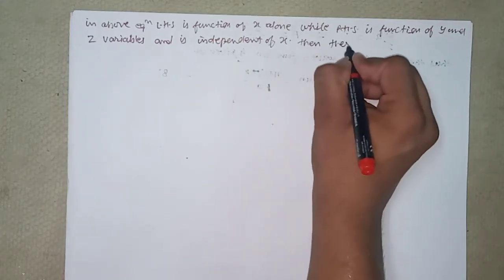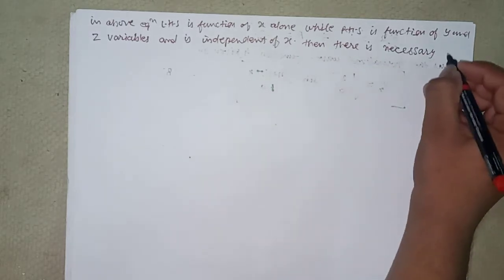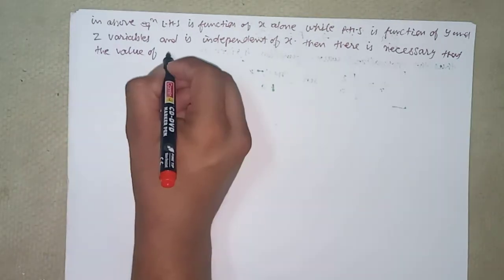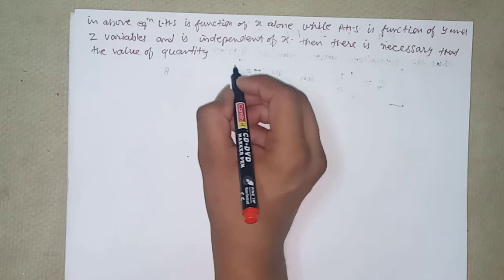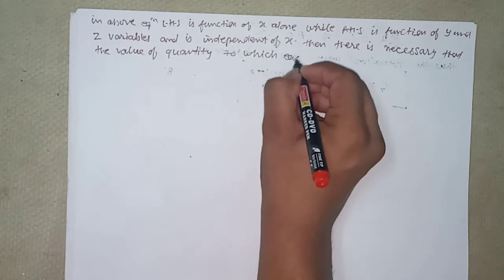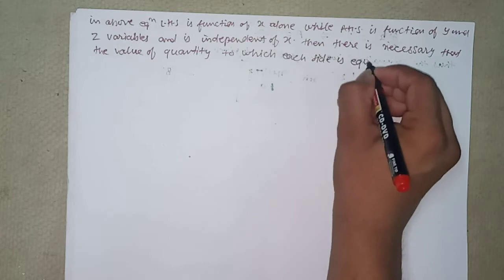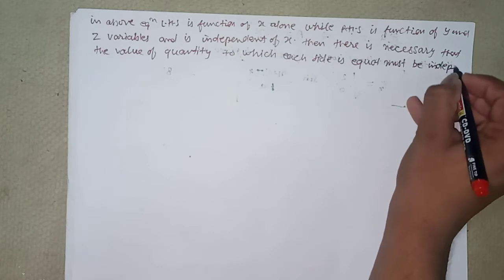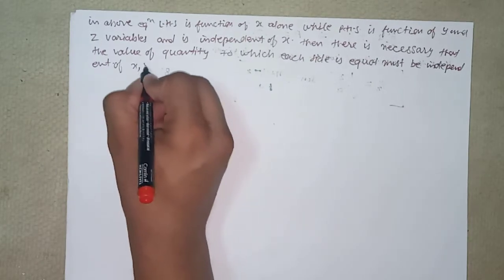Then it is necessary that the value of quantity to which each side is equal must be independent of x, y, z.